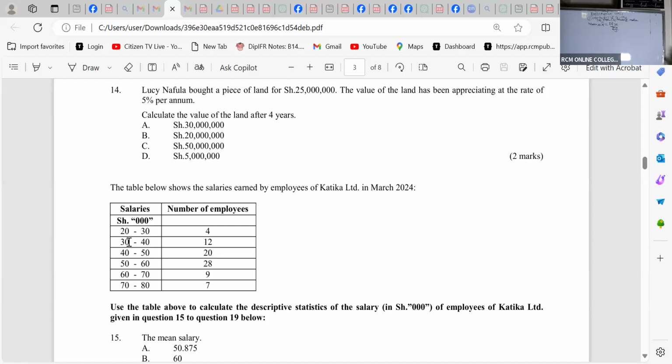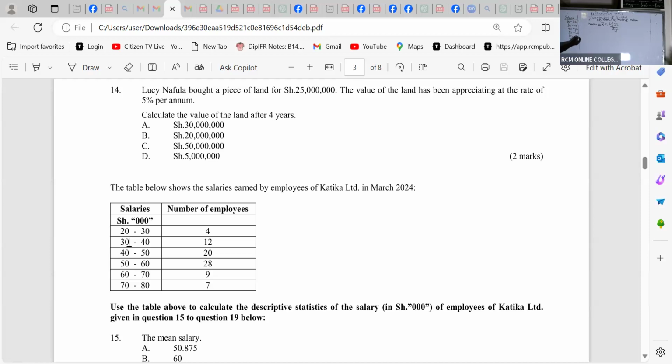So then I have the salaries, I'm copying down the table. The salaries that I have, ladies and gentlemen, here are 20 to 30, then we have 30 to 40, then 40 to 50, 50 to 60, 60 to 70, and lastly 70 to 80.